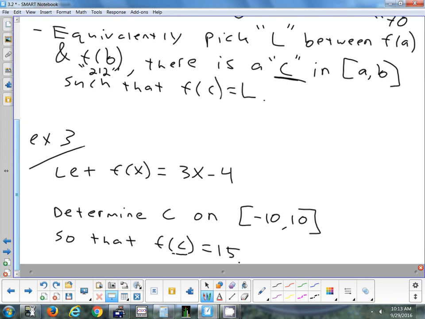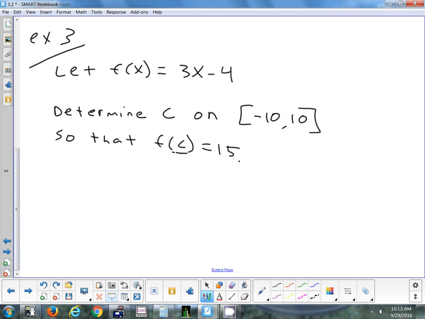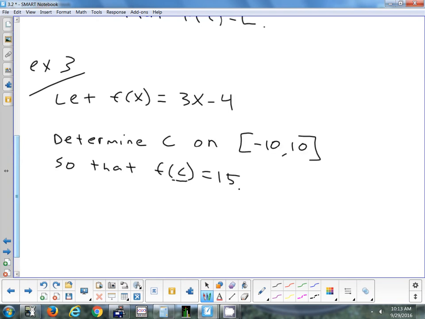So how can I figure out what my lowest y value is on 3x minus 4 over this interval? Yeah, Matt? X equals 0. Well, I'm definitely going to hit that value somewhere, but I want to know, am I going to hit anything even lower than that? Right, x can be as low as -10.